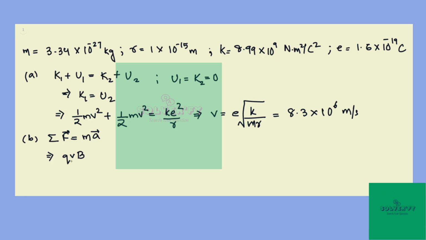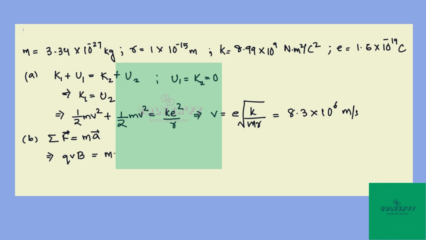So this is a circle, so the magnitude, when the path is a circle, velocity and magnetic field are perpendicular here. So we don't need to do the cross product explicitly, we can just write it like that. So this is equal to, and here ma is basically the centripetal force because the particle is moving around a circle.